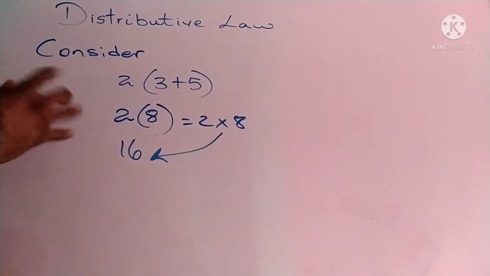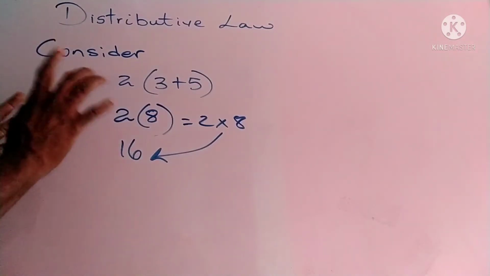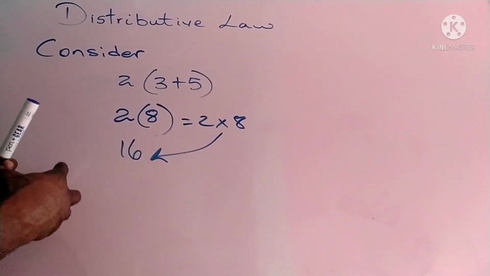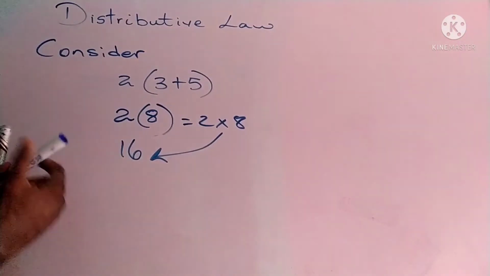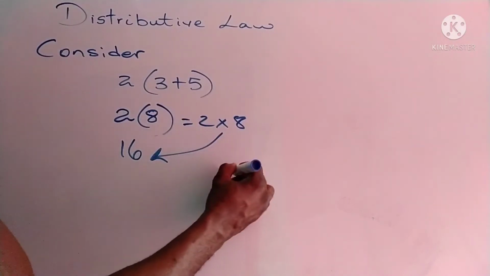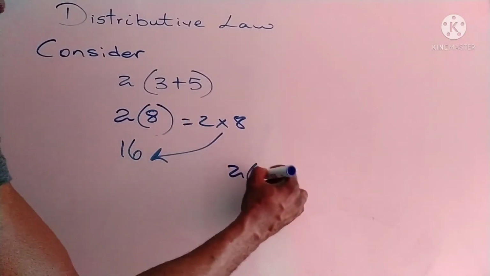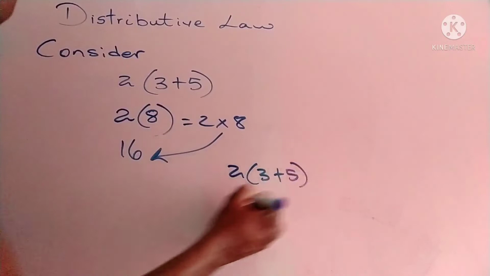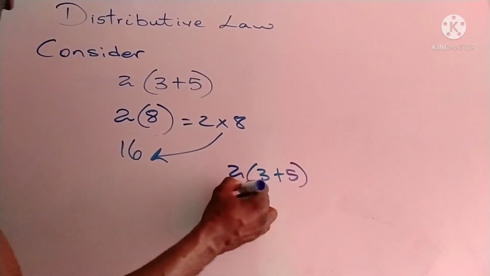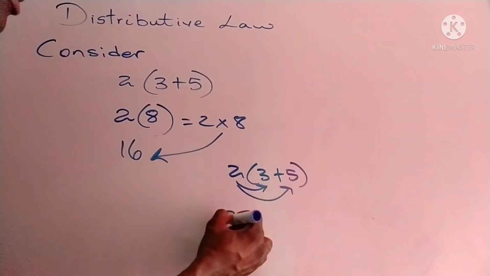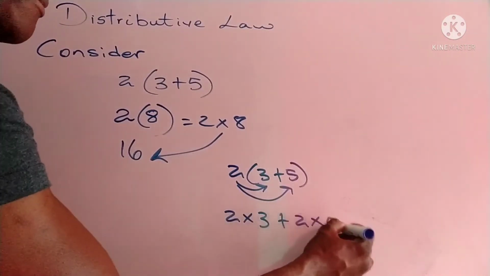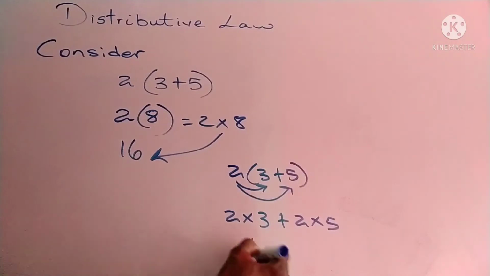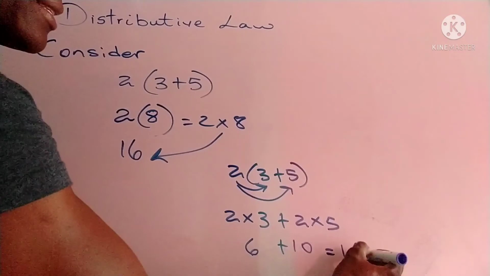Now, in an effort to prove this, we're going to distribute and then put back the things together to see if we'll still get our 16. So if I have 2 open bracket 3 plus 5, based on the law of distribution, I'm going to have 2 times 3 plus 2 times 5, 6 plus 10, and I still get 16.